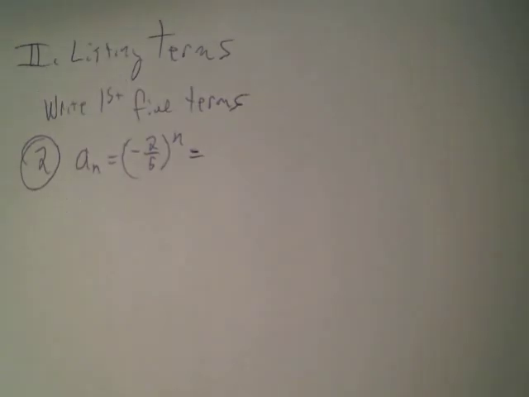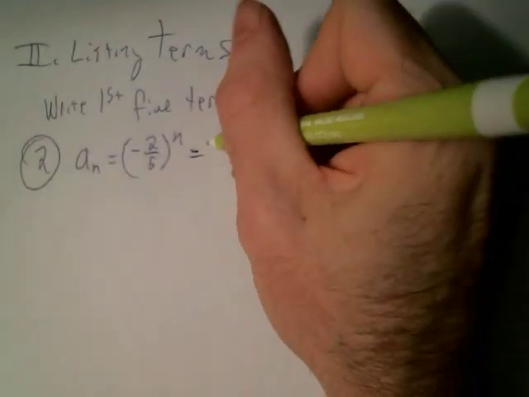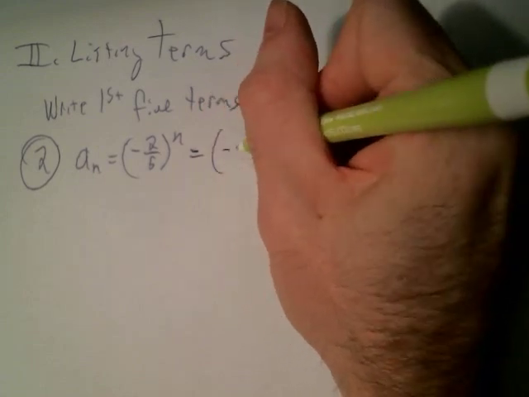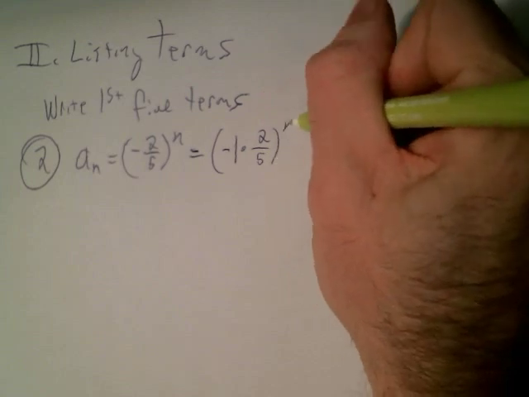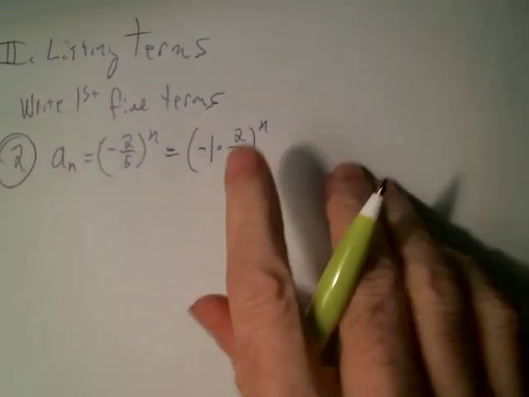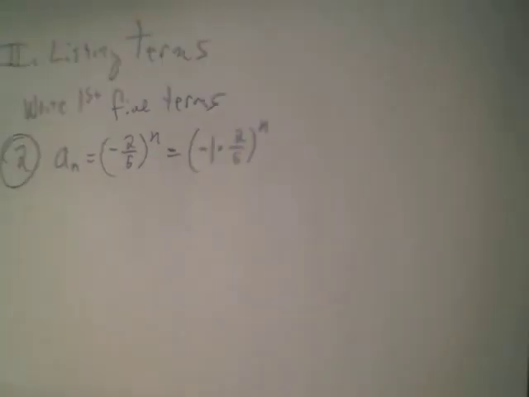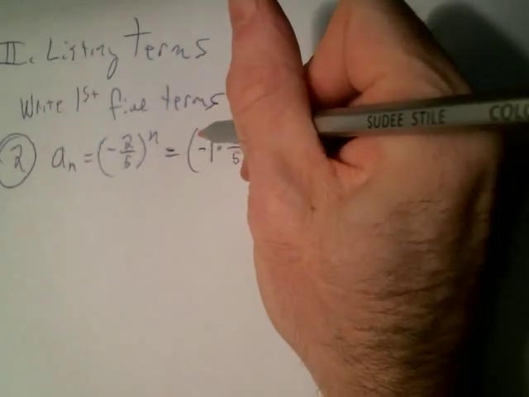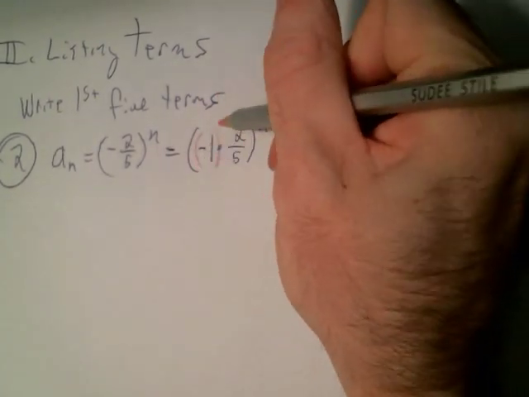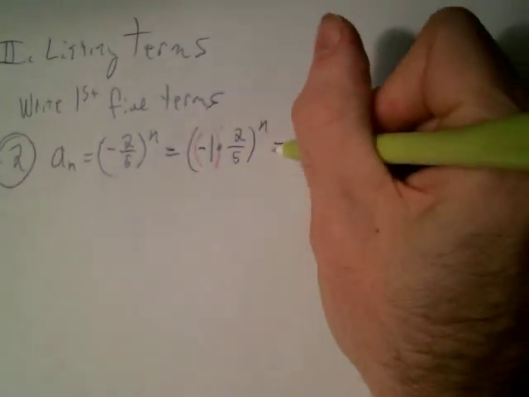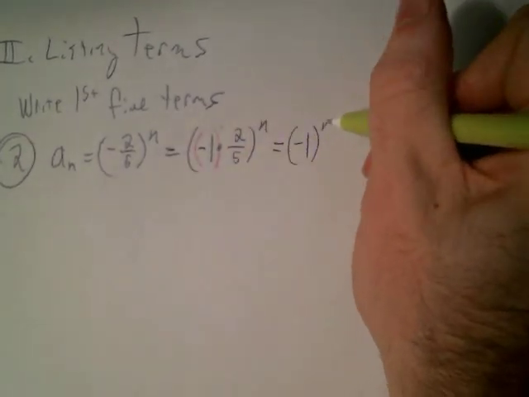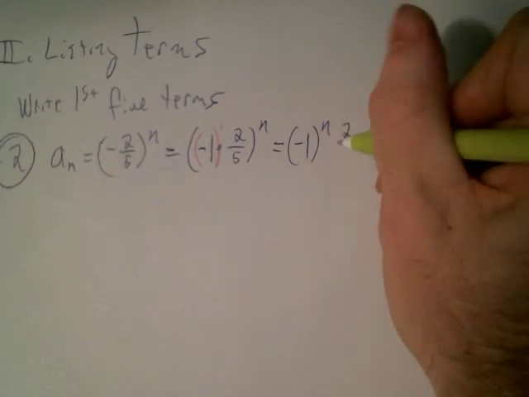And you'll get a lot more practice with exponents in this section. You could rewrite -2/5 as -1 times 2/5, to the n. And then you could distribute this power to each term, right? So you can think of -1 as -1 to the first power, and then just multiply the exponents, and you end up with -1 to the nth times 2/5 to the nth.